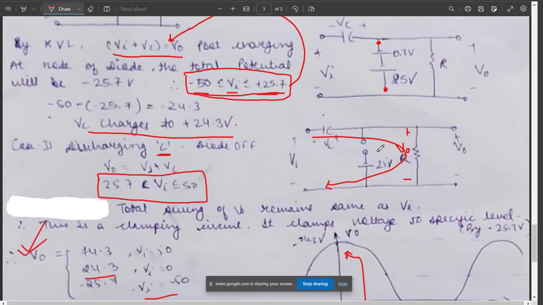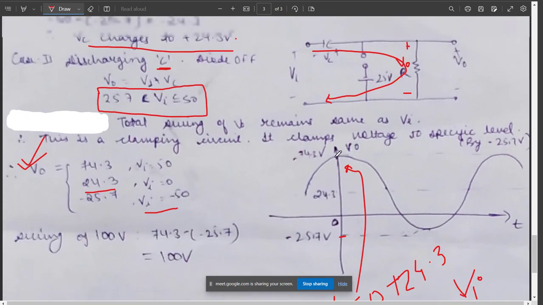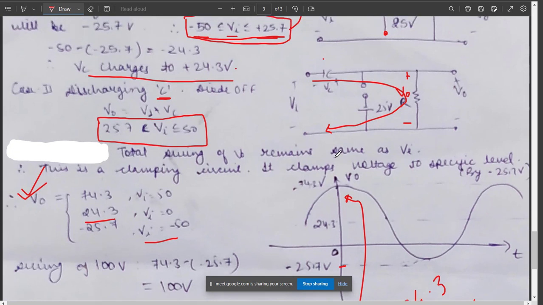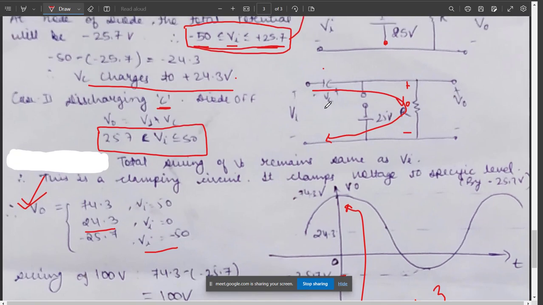And the second case is when the capacitor is completely discharged. Sorry, when the diode is off, it won't be conducting at all, and our capacitor will be discharging through the resistor here.